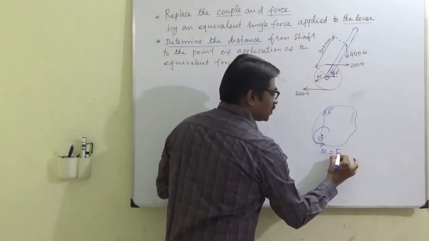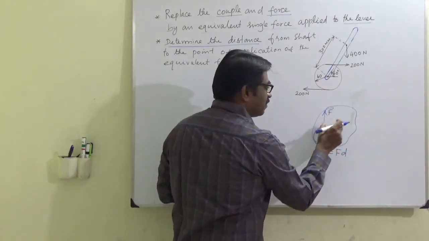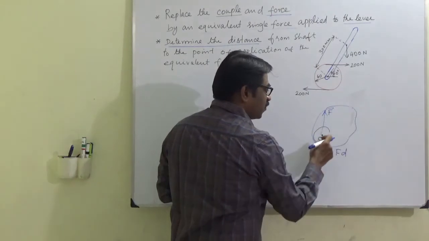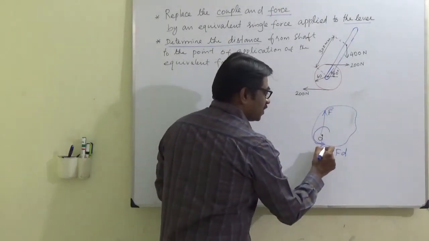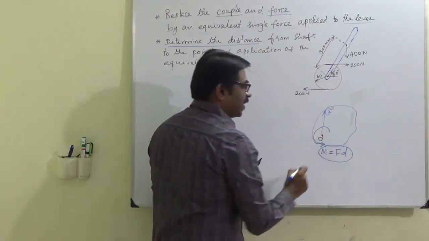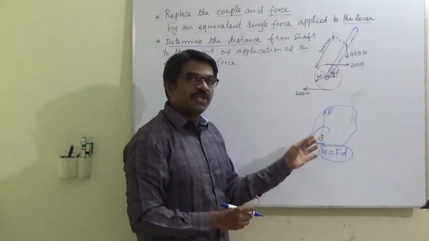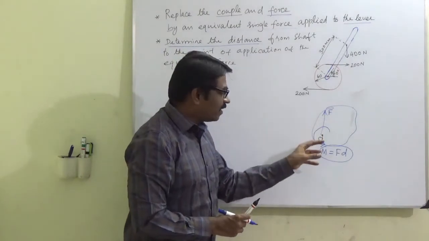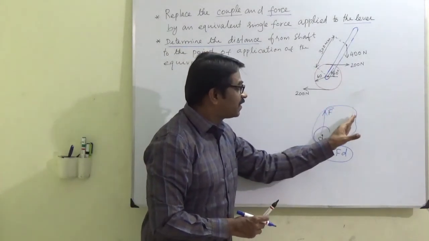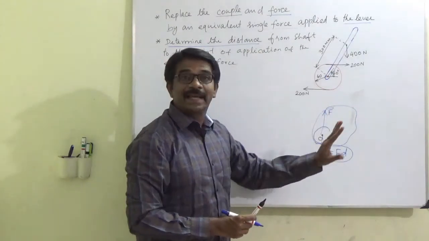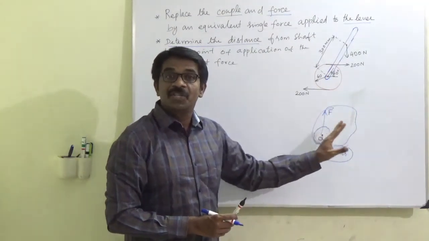So force into distance between this force and this force, that is the distance. So this is the magnitude of the moment. If I am introducing a couple, then upon shifting the force, the effect is unchanged.